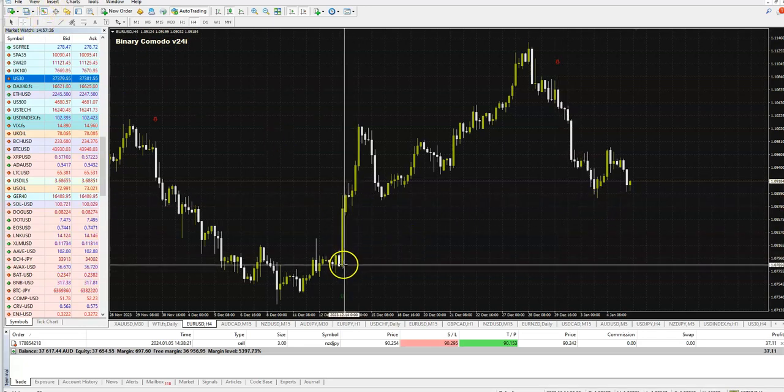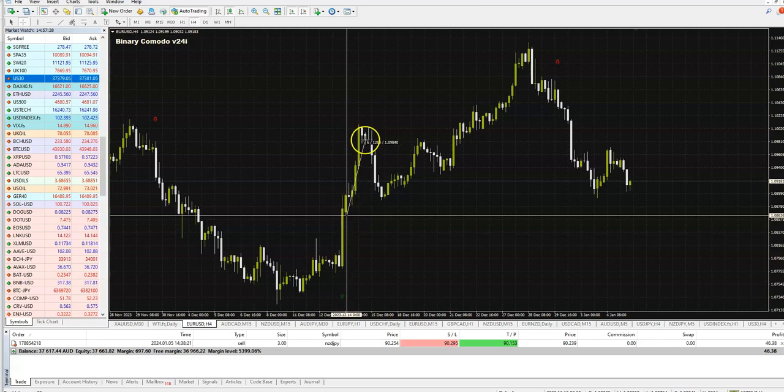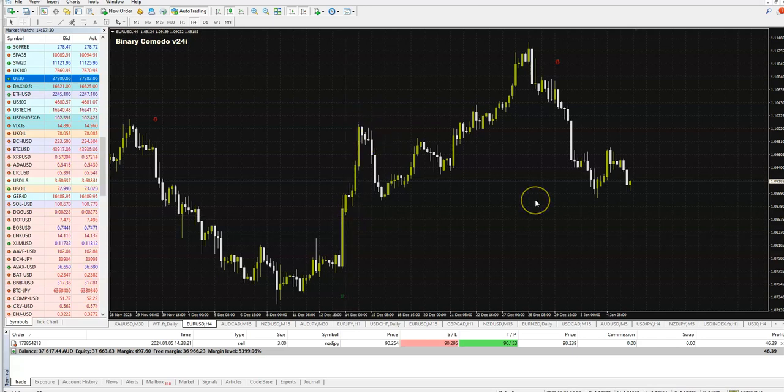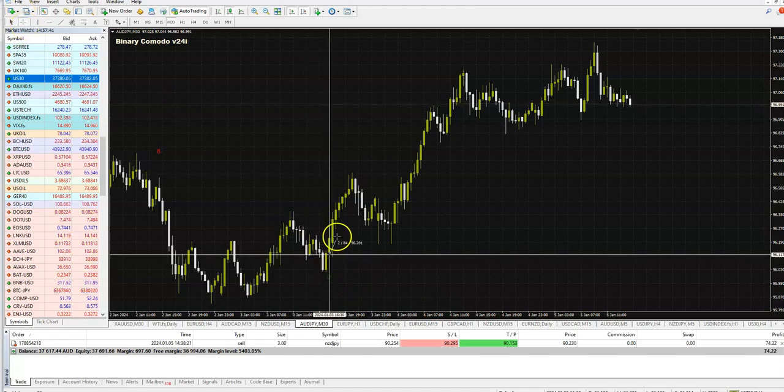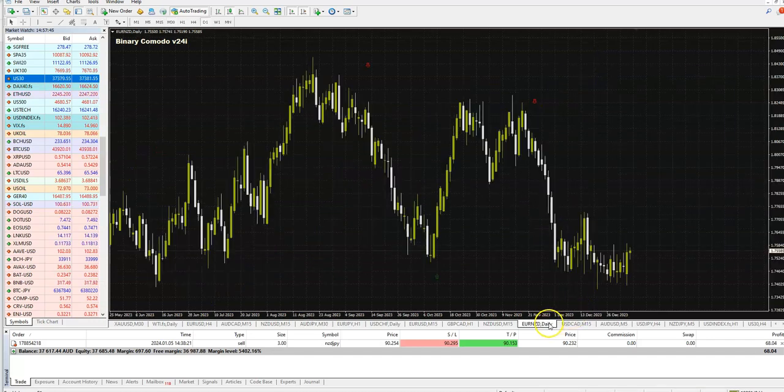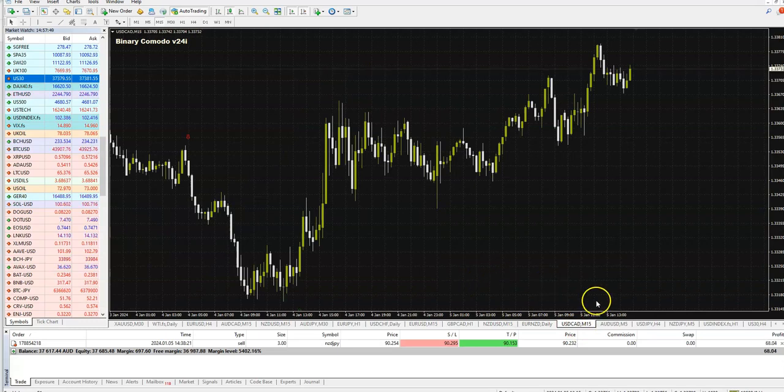So in that case you need only one trade to make your daily goal. It is 50 to 100 pips. Also 30 minutes can be used, and with 30 minutes you can make, you see, with one trade almost 50 pips.